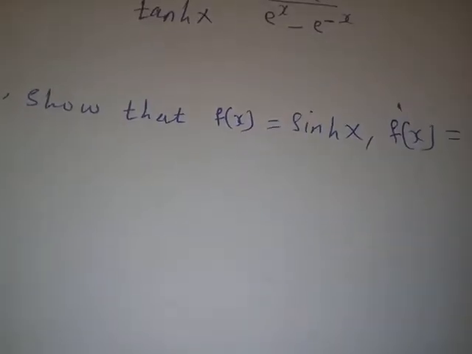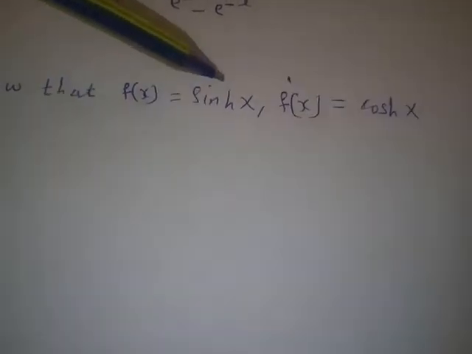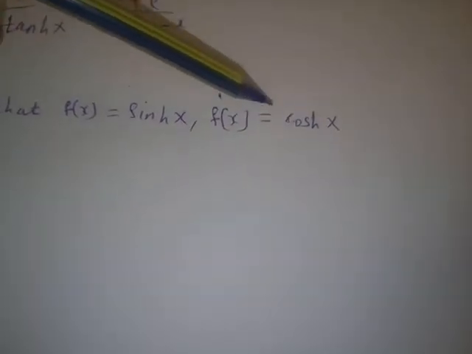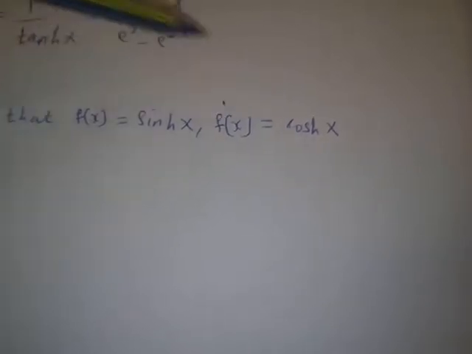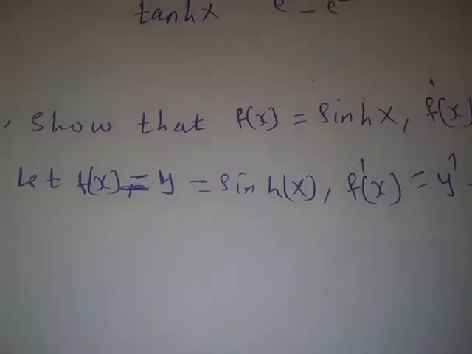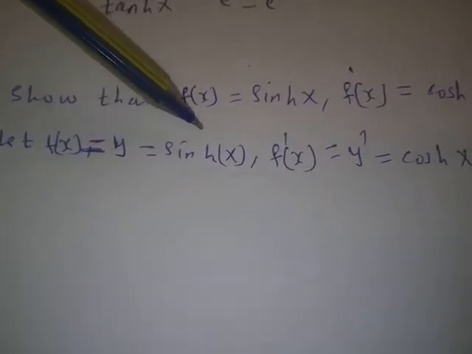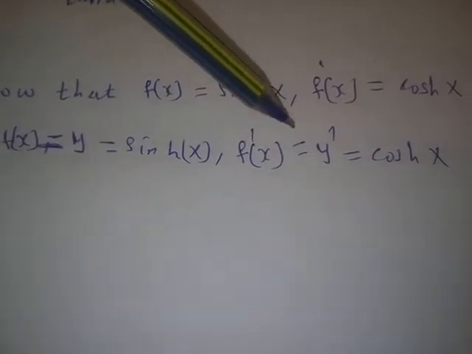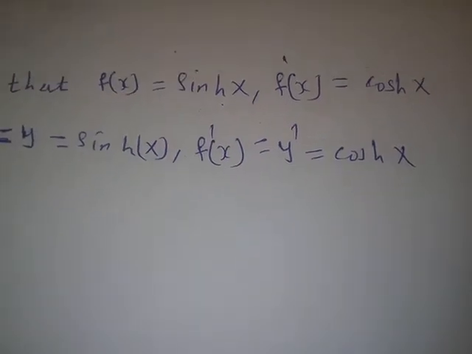We want to start with number 1, so that f of x is equal to hyperbolic function of sine x, then its derivative will be given by hyperbolic function of cosine of x. So we are going to let function x be represented by y, which is equal to hyperbolic function of sine x, which is given by this function here.